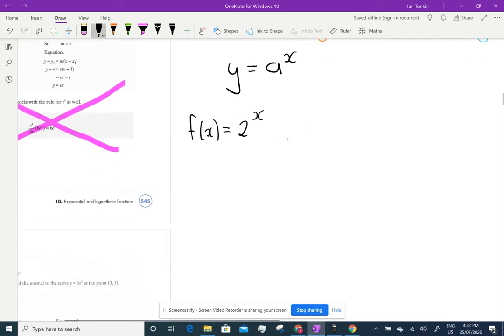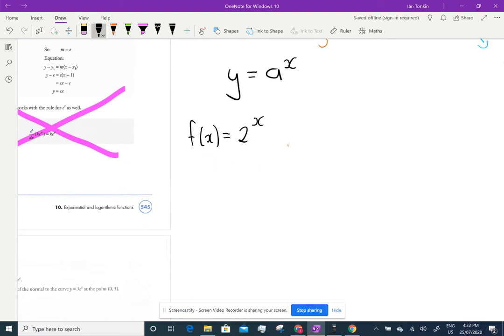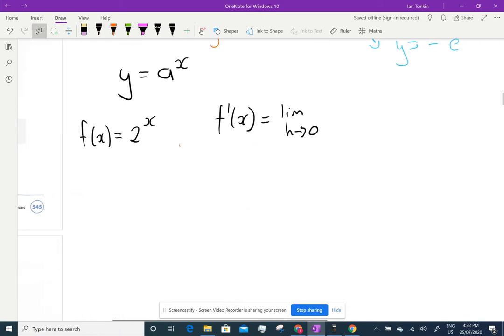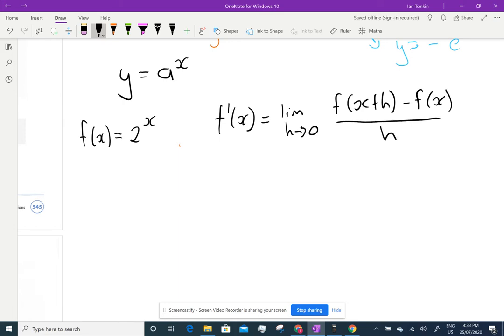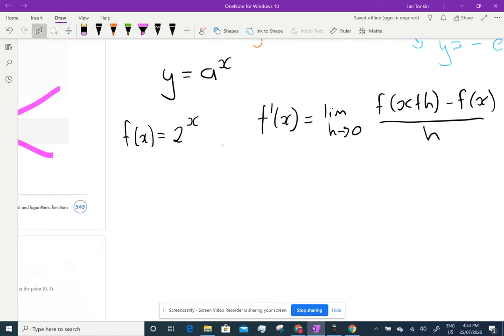Because to differentiate this, remember the derivative f dash of x is the limit as h approaches 0 of f of x plus h minus f of x all over h. Okay, so let's take this 2 to the x.